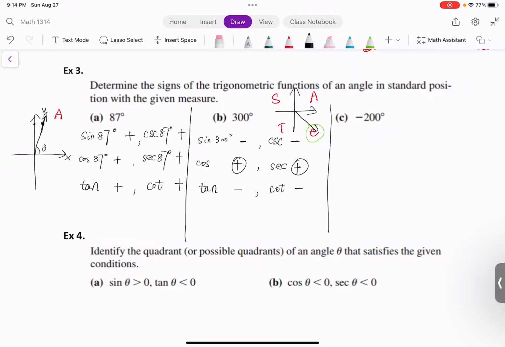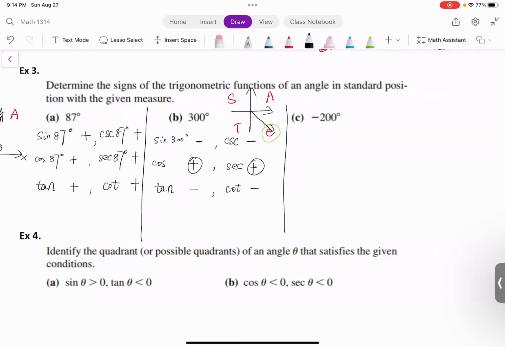Okay, let's see. The next angle is a negative angle, negative 200. So we need to do a clockwise rotation from the initial side this way. So let's do the rotation. Okay, this is negative 180 degrees, and continue to rotate. All right. So here, negative 200 is in the second quadrant. So let's put ASTC here.